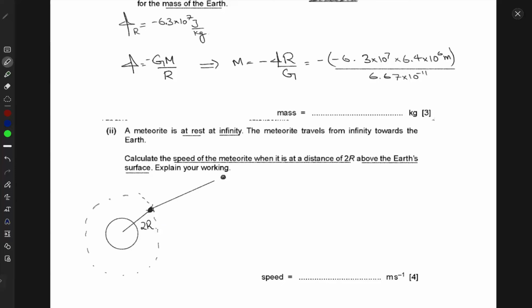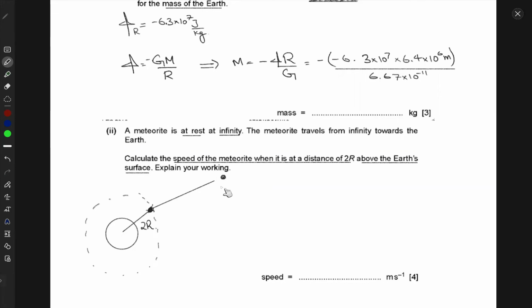We compare both the forces. GMm upon r square is equal to mv square upon r. We compare those. Okay, so that is almost right. But think about this thing. At this point, there is no information that the meteorite is in the orbit of the Earth, right?